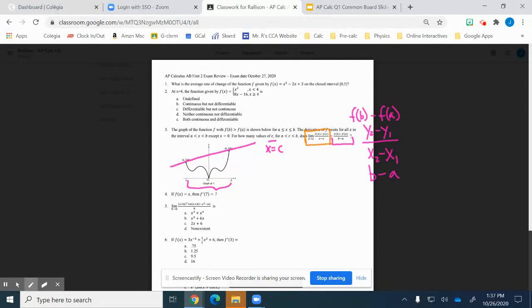So that's asking about the derivative, which gives you the slope of the tangent line at any given point, right? Slope of the tangent line at any point on a function.